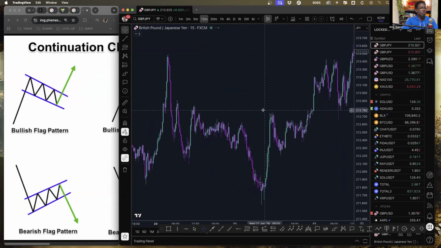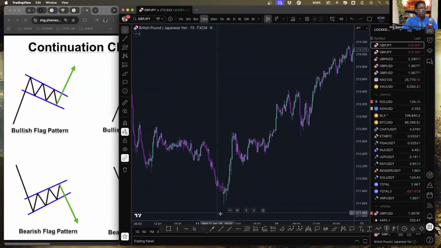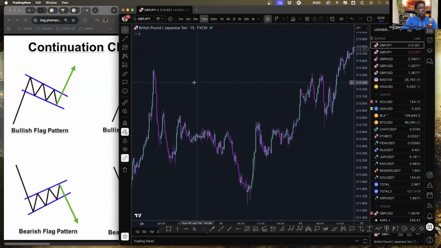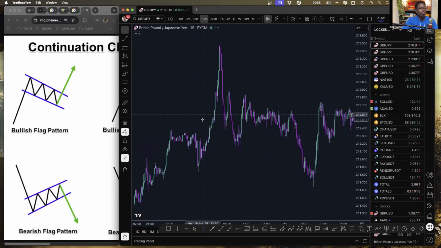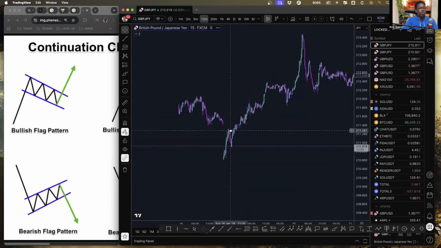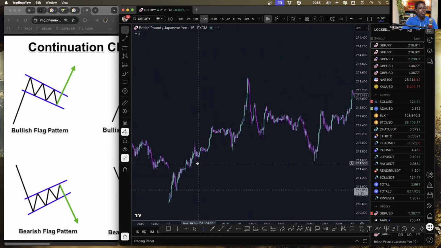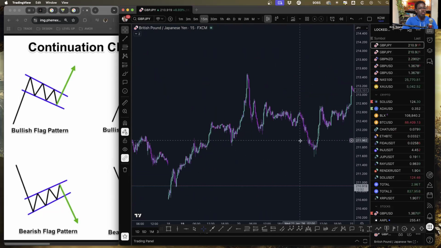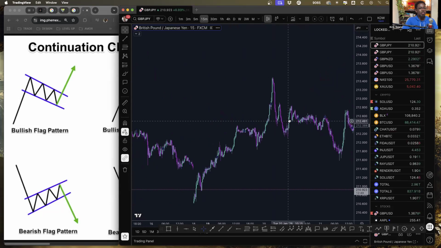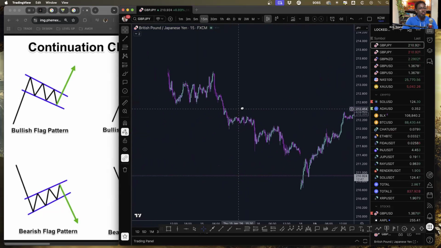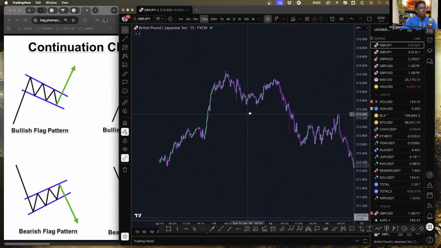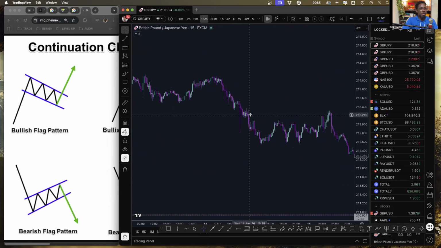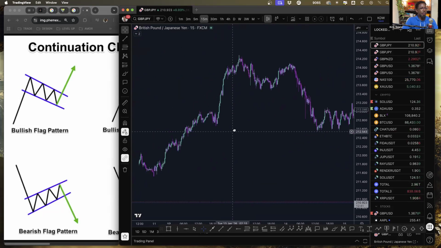We want price to look evenly spaced as it's coming down. Overall it's going up, but it needs to look evenly spaced before it goes back up again. It doesn't have to be perfect, but if we see something, we can definitely point that out.